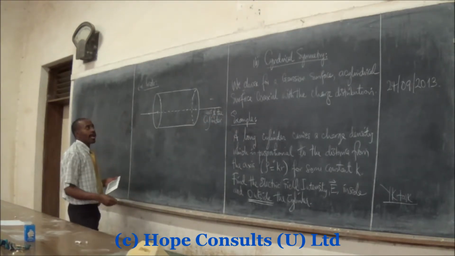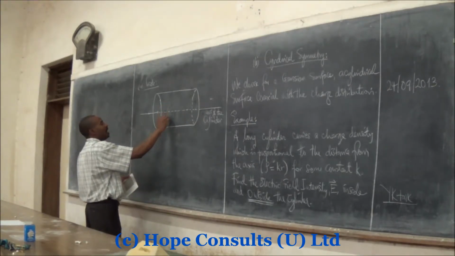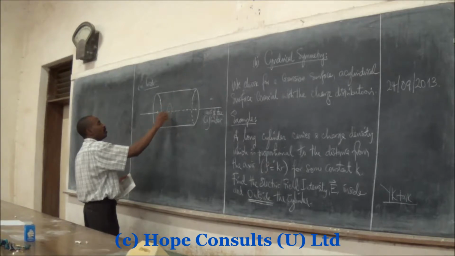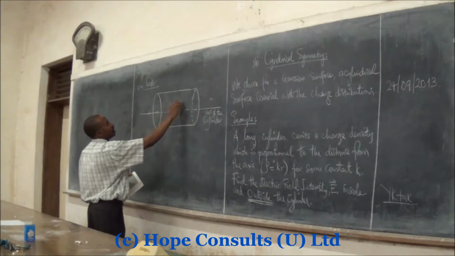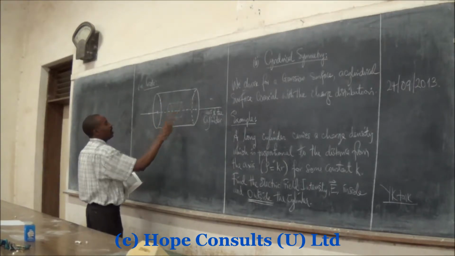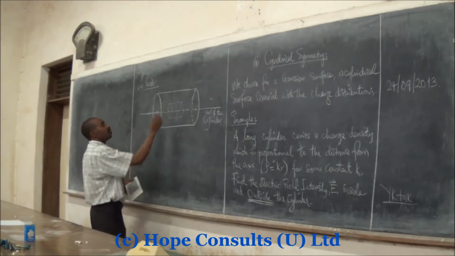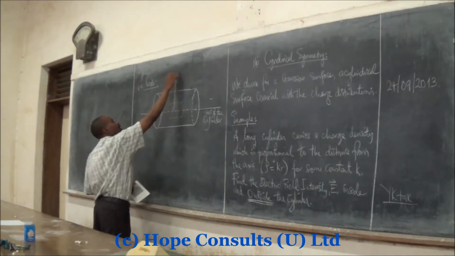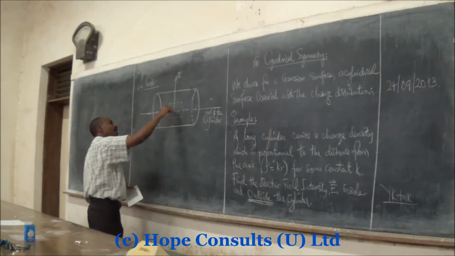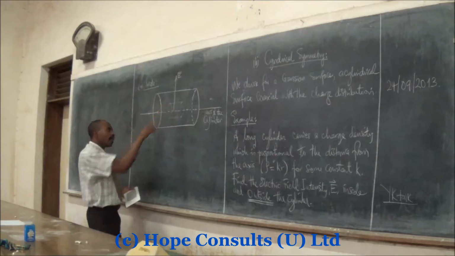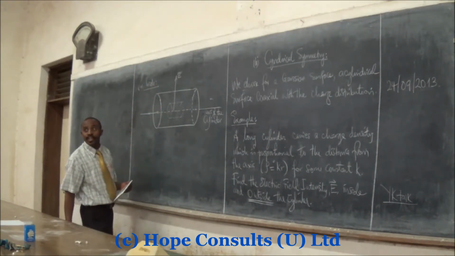I draw a Gaussian surface mimicking the cylindrical distribution of charge. So I'm drawing this cylinder inside that, and then we have the electric field coming out radially. There's another one here, another one here, another one here, on the other side, symmetrically.